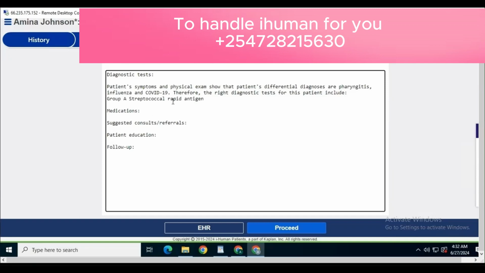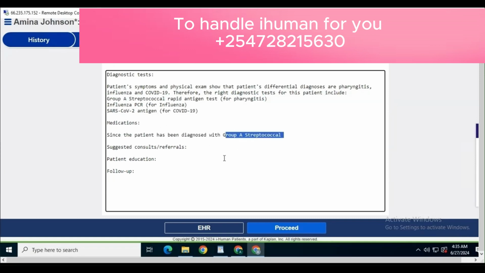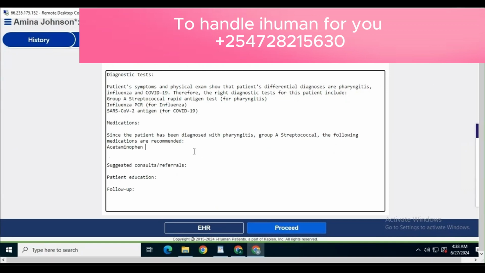So I simply moved to patient education, where I gave a few suggestions of some of the things that can help the patient recover. And lastly, I gave a suggestion of a follow-up, which highlights the specific timeline that the patient needs a follow-up from the clinic.